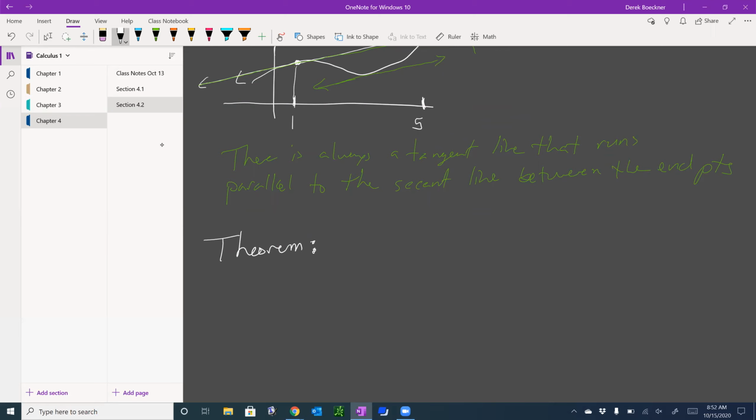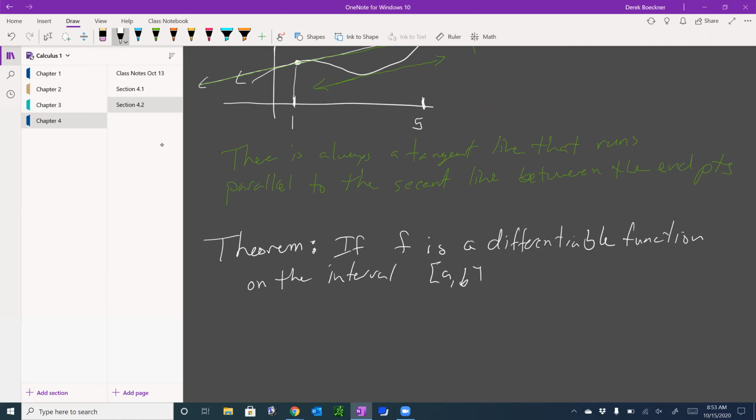But okay, so if f is a differentiable function on the interval AB, continuous at A and continuous at B.